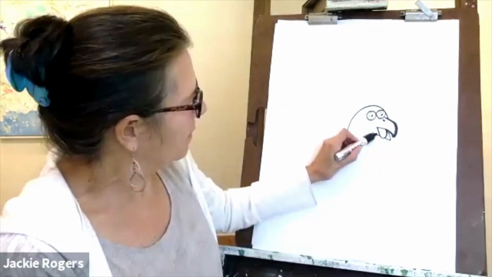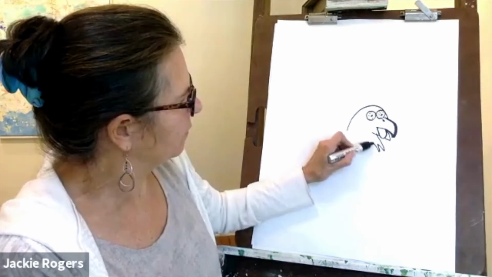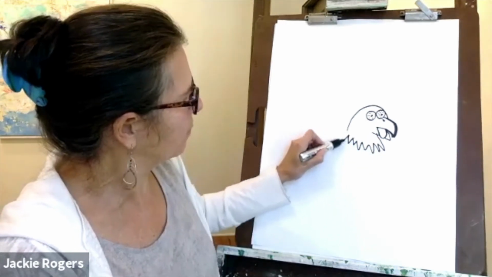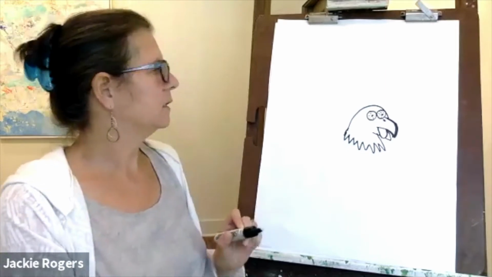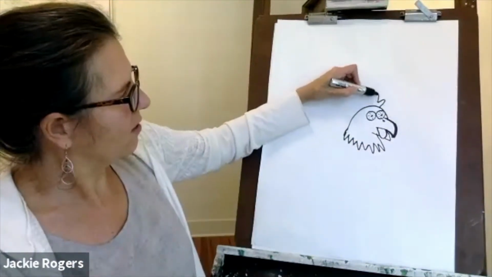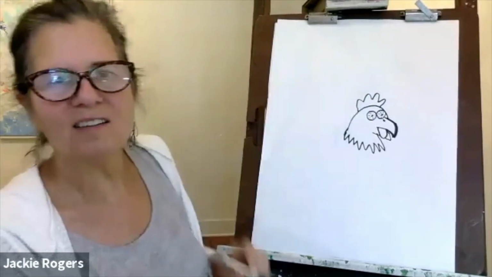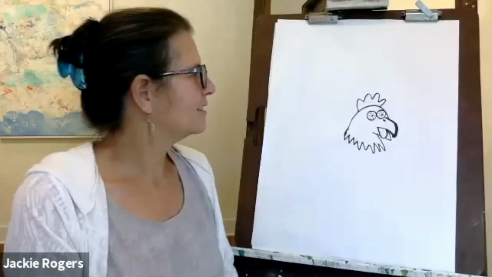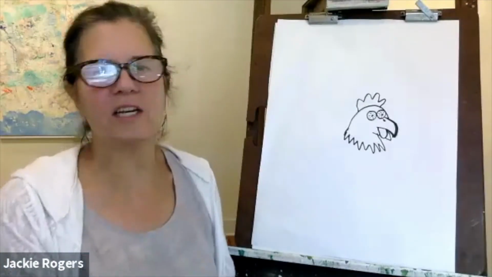Okay, and now I'm going to come down and make like his feathery neck. He could also be a bald eagle at this point, couldn't he? The chicken would have like his little, what do they call this thing up on top? What is that called on a chicken? A comb. It's a comb. Okay, so there's our zombie chicken so far.